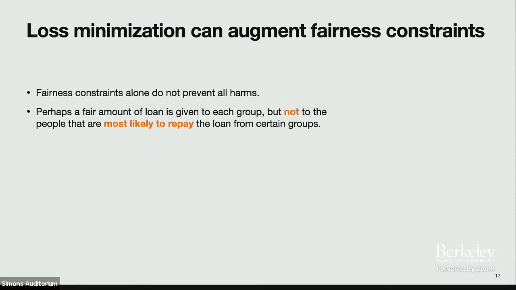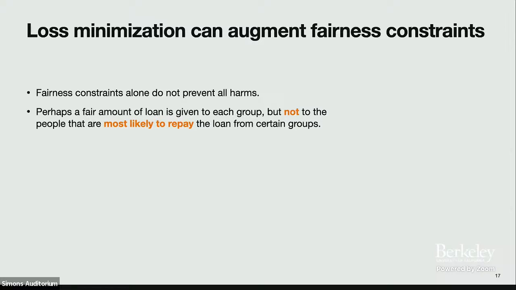So finally, I would just briefly mention an interesting exploration that we did in this paper, which is motivated by the observation that fairness constraints alone do not prevent all harms. In particular, we could be giving a fair amount of loans to each group, but we are not giving the loans to the people from certain groups who are most likely to repay.